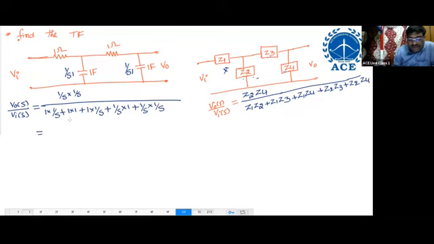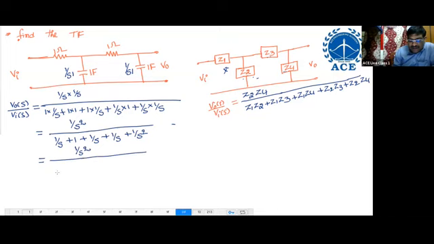1 by S square divided by 1 by S plus 1 plus 1 by S plus 1 by S plus 1 by S square. Now simplify this. The numerator is 1 by S square. For the denominator, if you take the LCM S square, what do I get?